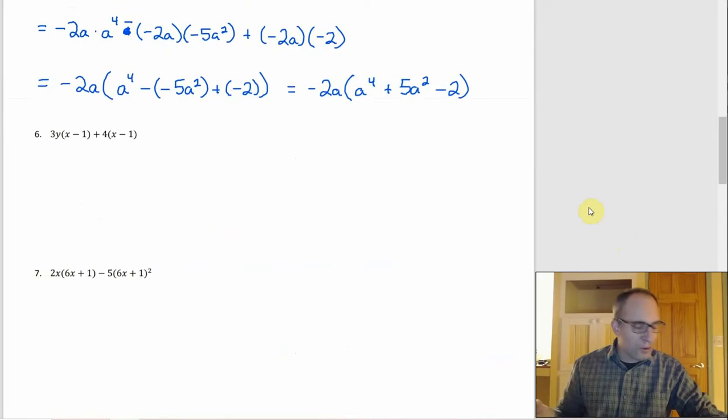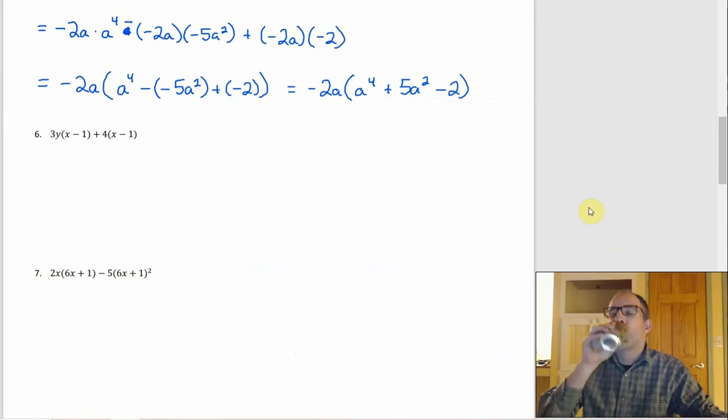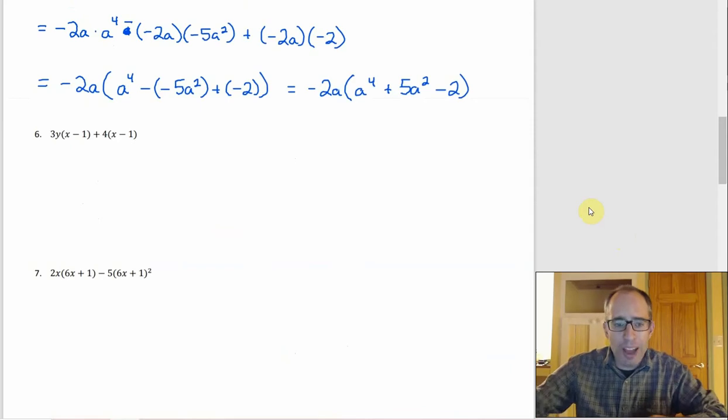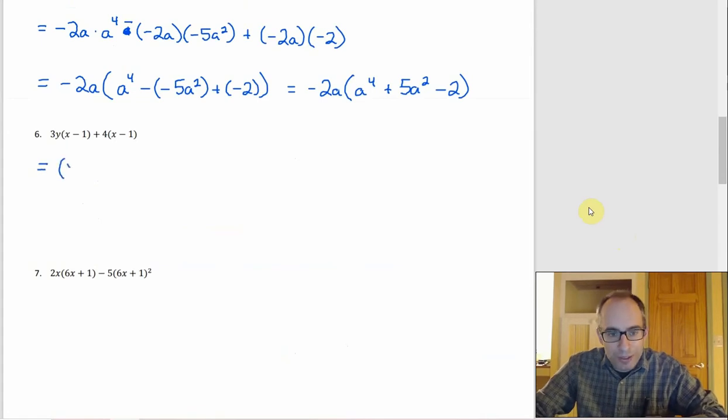6 is almost comically short. It's so short that it feels like a trick. Because x minus 1 is a factor of this first product. It's also a factor of the second product. So in the first step, you could just factor it out. And if you do that, then from the first term, you'd be left with a 3y, and then from the second, you'd be left with a 4.